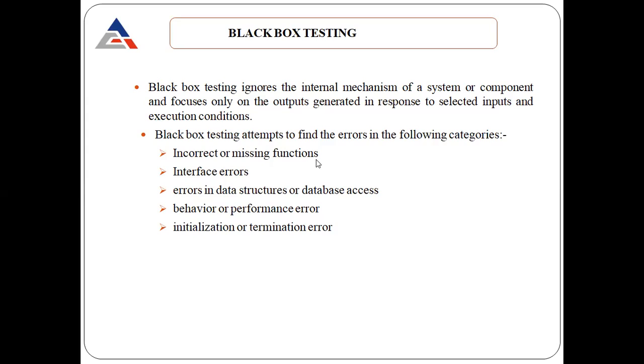Fifth, initialization and termination error. The application is not giving me the answer and just hangs, not stopping, or the application terminates without giving the output. That becomes an initialization or termination error.